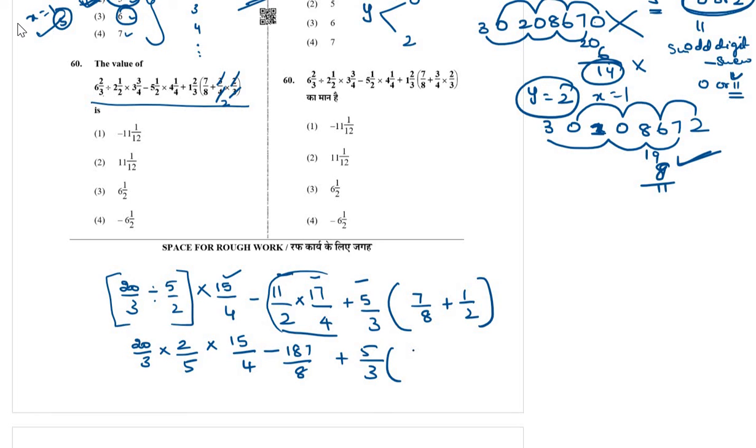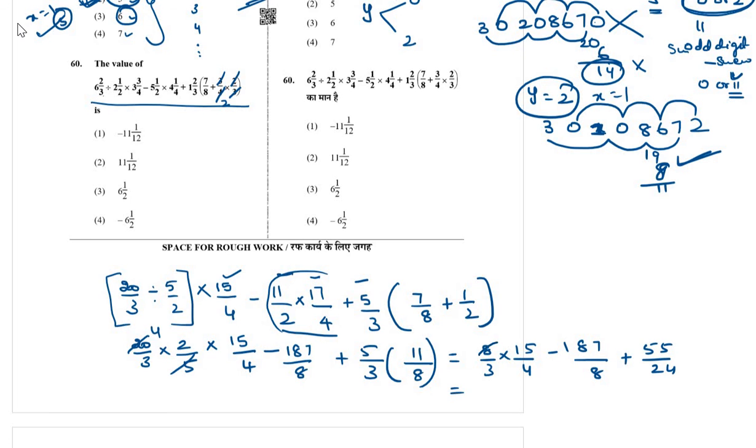So 11 by 8. And then this is equal to, we can cancel anything. Cancel means we can cut. So 4 times, and then anything cancels. 8 by 3 into 15 by 4 minus 187 by 8 plus normal multiplication 55 by 24.